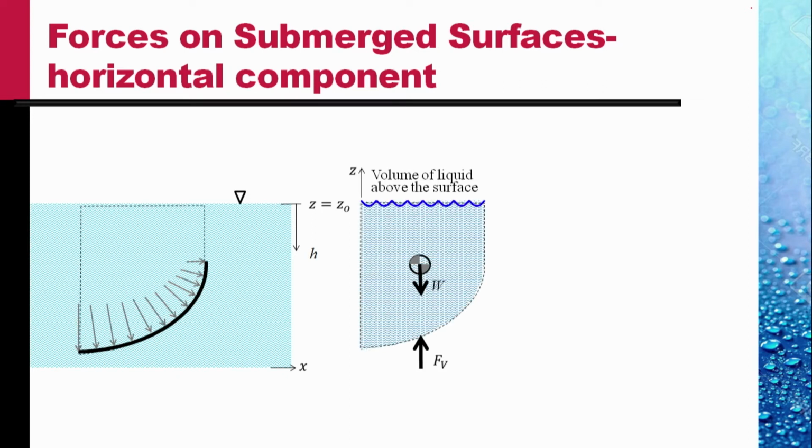Let us consider the volume of the liquid above the plate. Let's isolate this as a free body. If Fy is the vertical force acting on the plate because of the liquid, then on this free body of liquid, there is a force due to the plate equal to Fy acting upwards, the reaction to the force on the plate by the liquid.